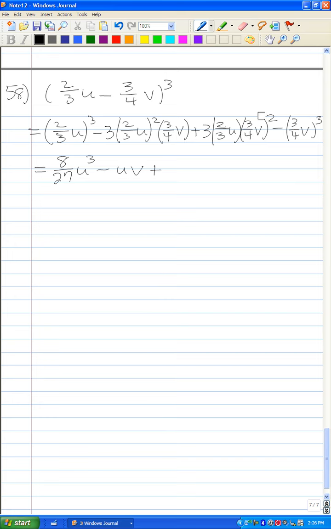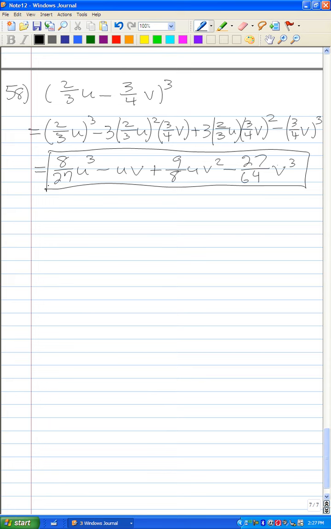Next, the 3s cancel, so you just get 3 squared, which is 9. 4 squared is 16 divided by your 2 is 8, uv squared. 3 cubed, 27. 4 cubed, 64. Oops, v cubed. And that is your answer. 60.